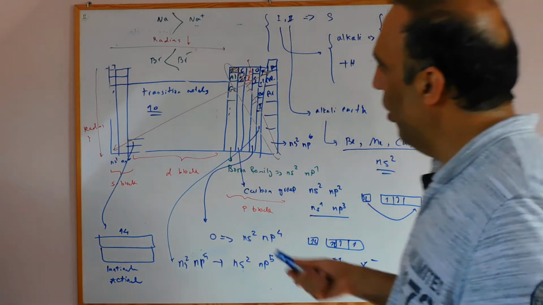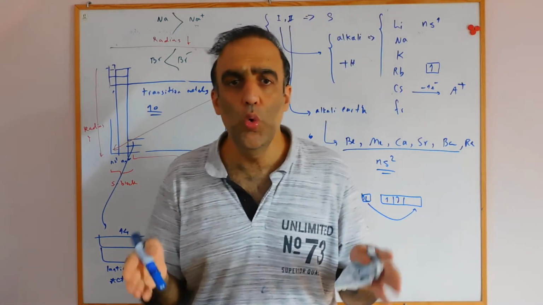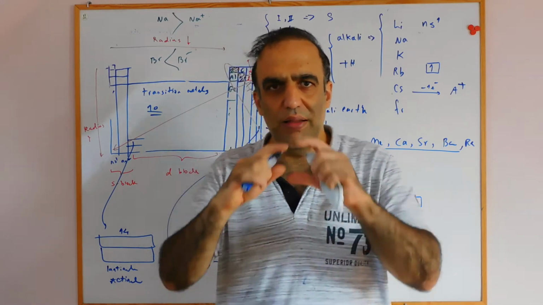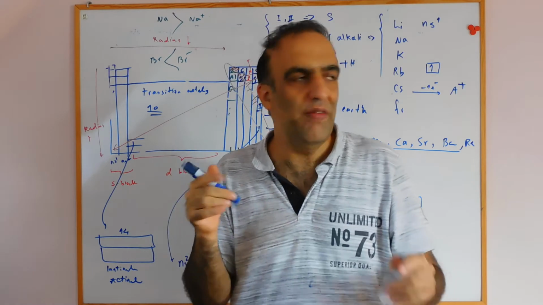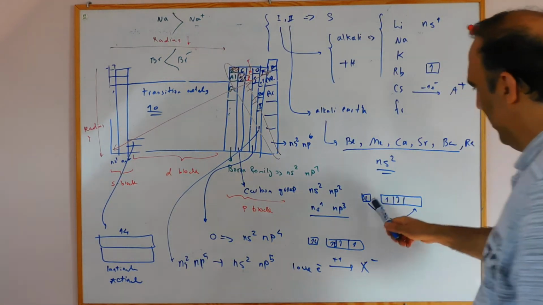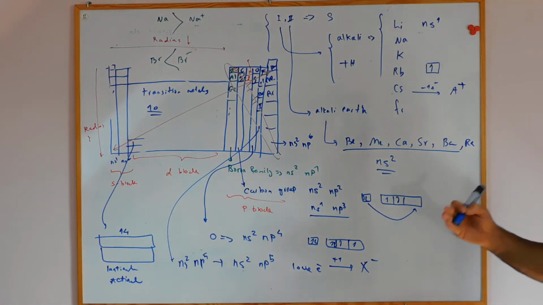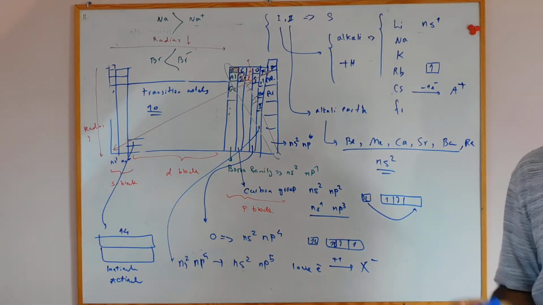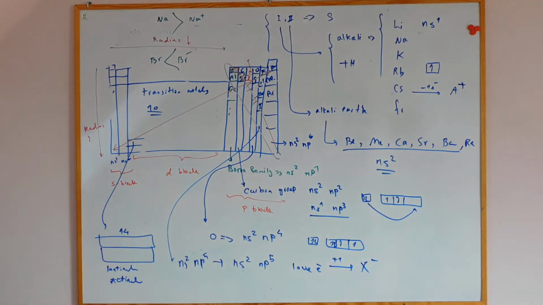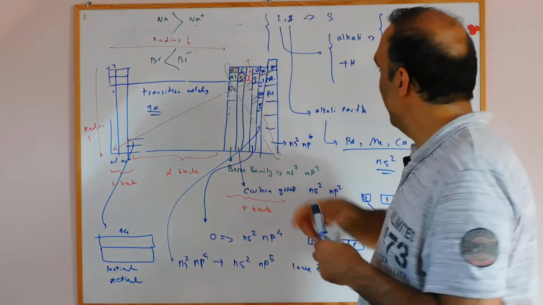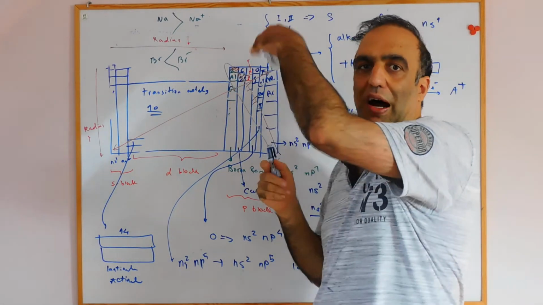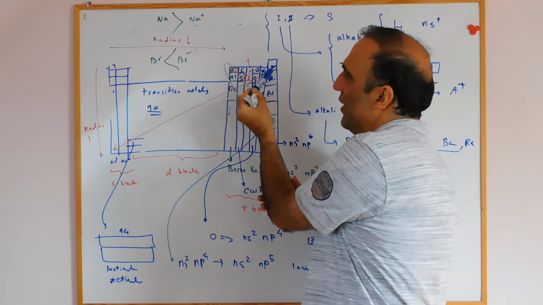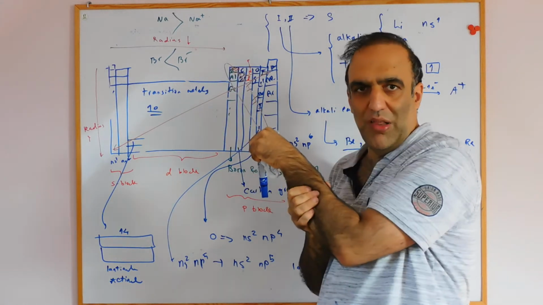Also, according to Hund's rule, when the subshell, for example the p3, has 3 electrons in the p orbital and is half filled, in this case ionization energy is also increasing. For example, nitrogen's ionization energy is a little higher, because when we go in this direction, ionization energy must decrease.